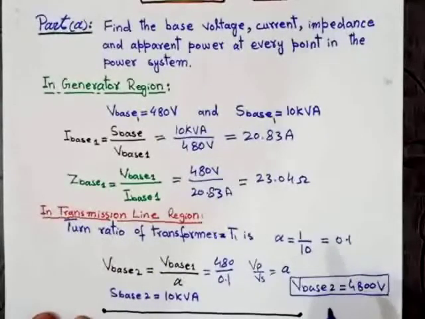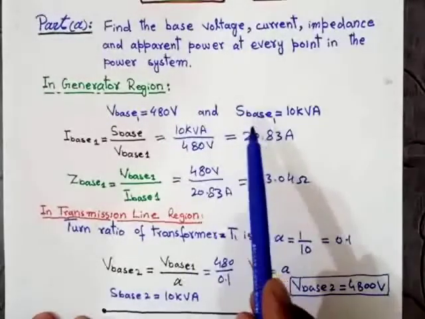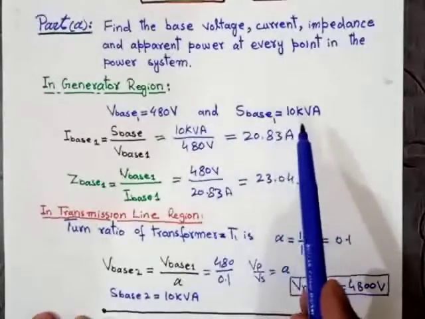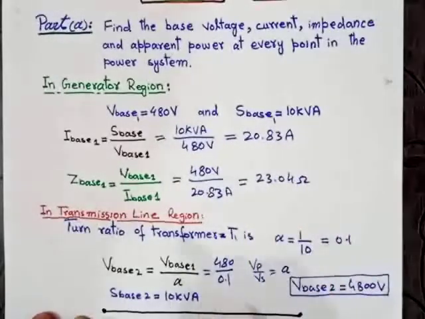The base value of the apparent power will be the same as the base value of the generator region. The reason is that a transformer does not change the power; power remains the same on the primary side and on the secondary side.